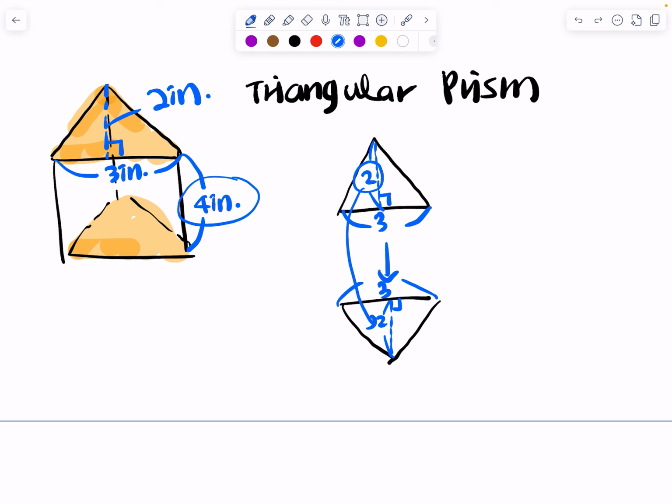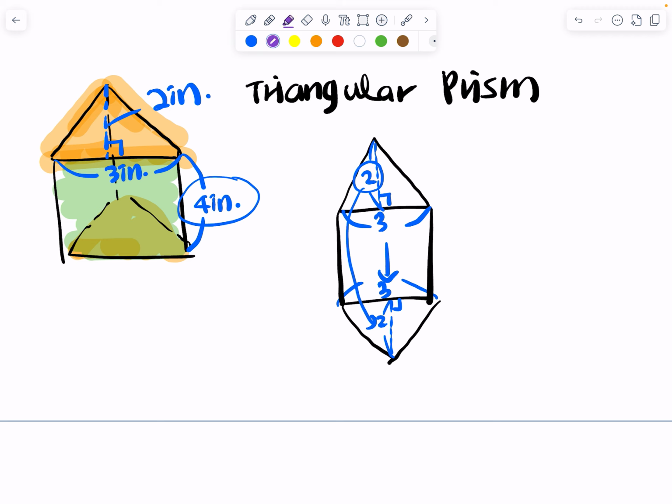Now, you guys think about it. How many lateral faces does this prism have? Obviously, there is this one right in between, right? And you think about it. The base has 3 sides, right? 1, 2, 3. So each side gets a face.